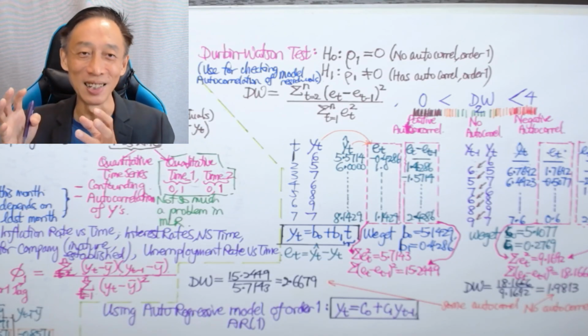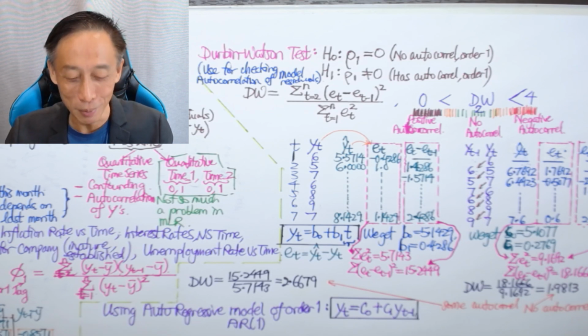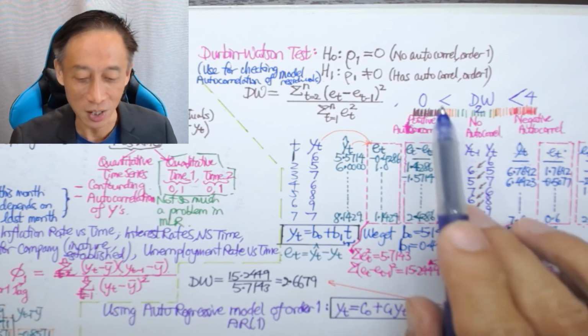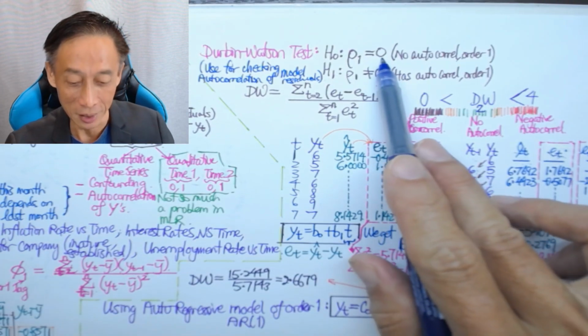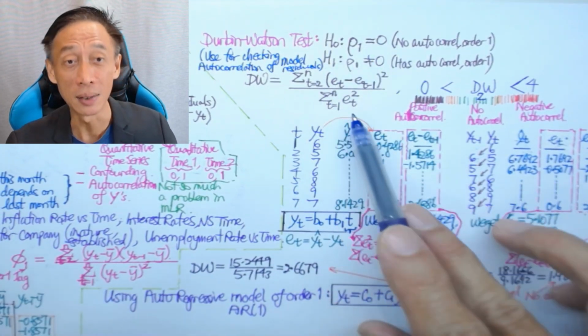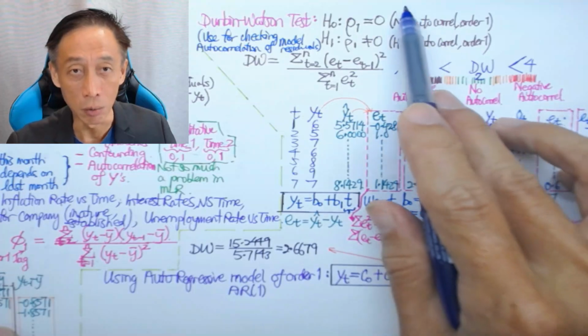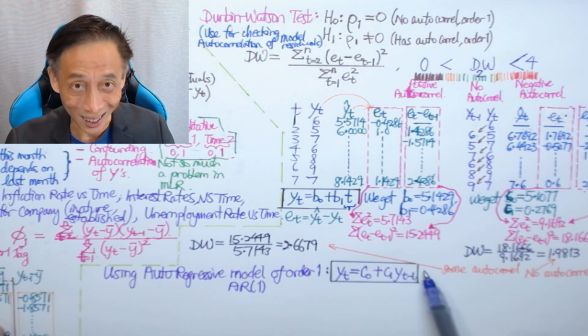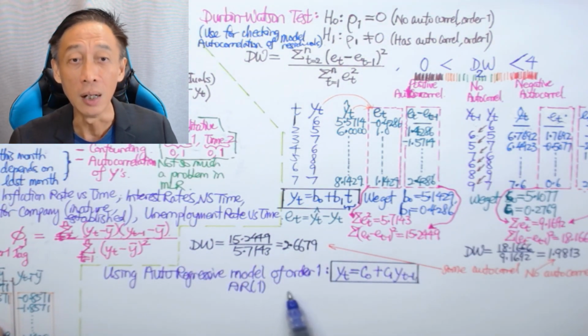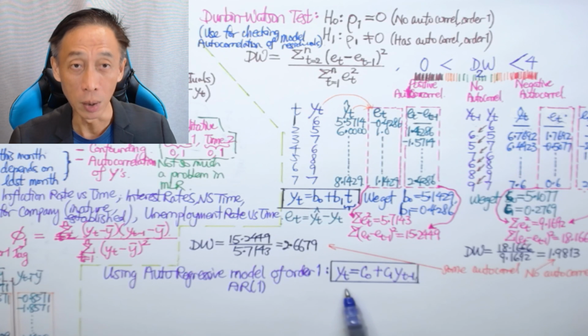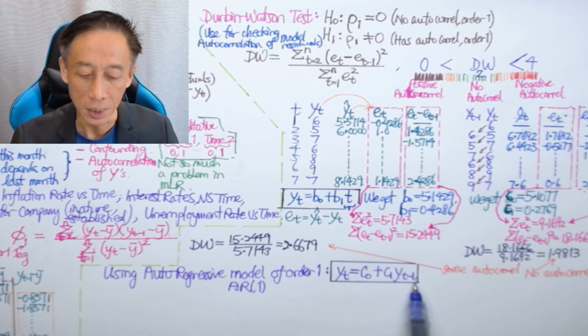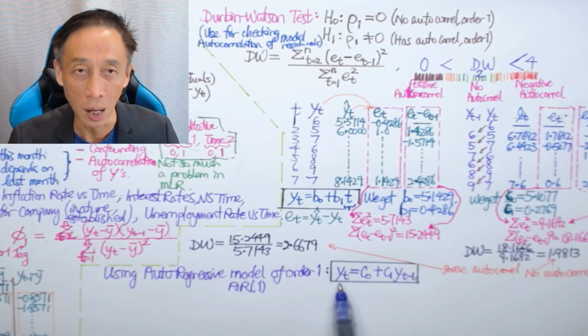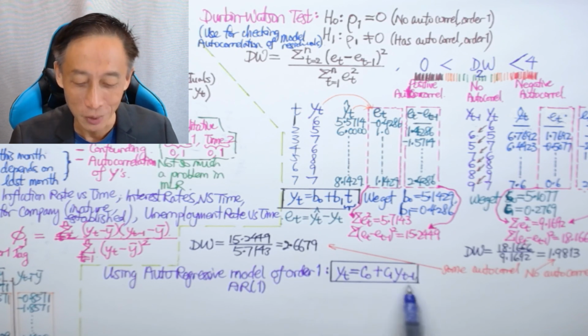So that is going to cause a problem, and Durbin-Watson will then reject the null hypothesis and make us think again. When you reject the null hypothesis under the Durbin-Watson test, you can then consider an autoregressive model, typically of order 1, and that means use the response variable's previous self to explain the response variable's current value.